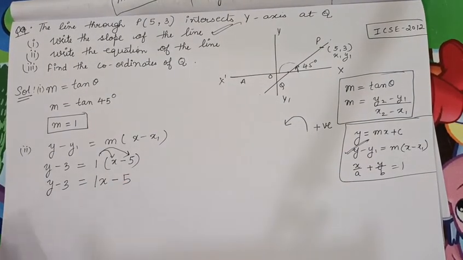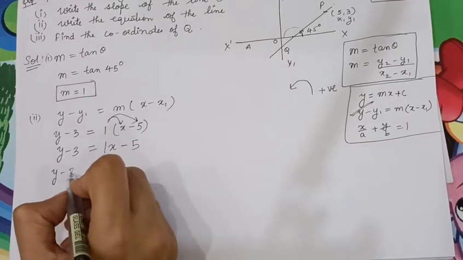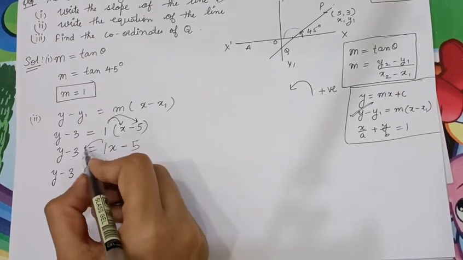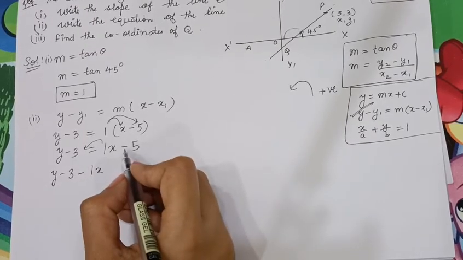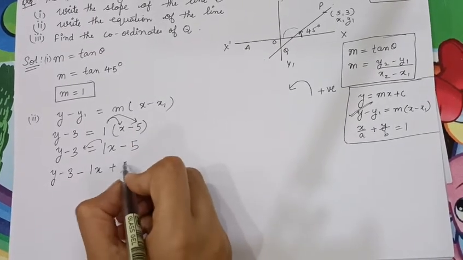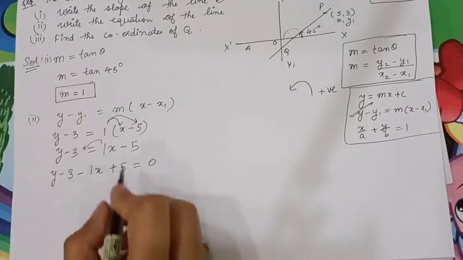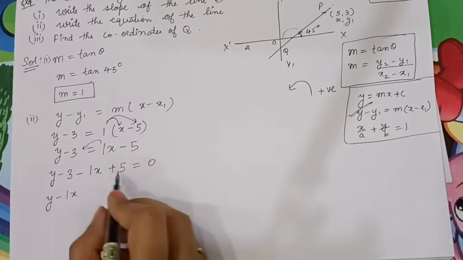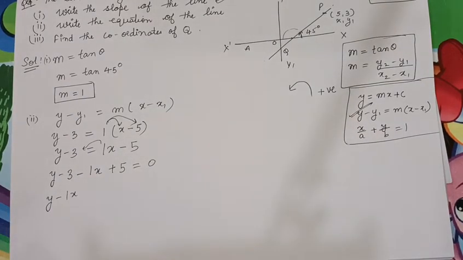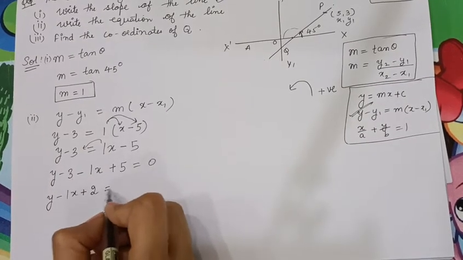Now let's shift everything to the other side. y minus 3 is already there. This 1x, when shifted to this side, changes to minus 1x. Minus 5, when we shift it to the other side, changes to plus 5. If like terms are there, we can simplify. Minus 3 and plus 5 are like terms, so 5 minus 3 is plus 2, equals 0.